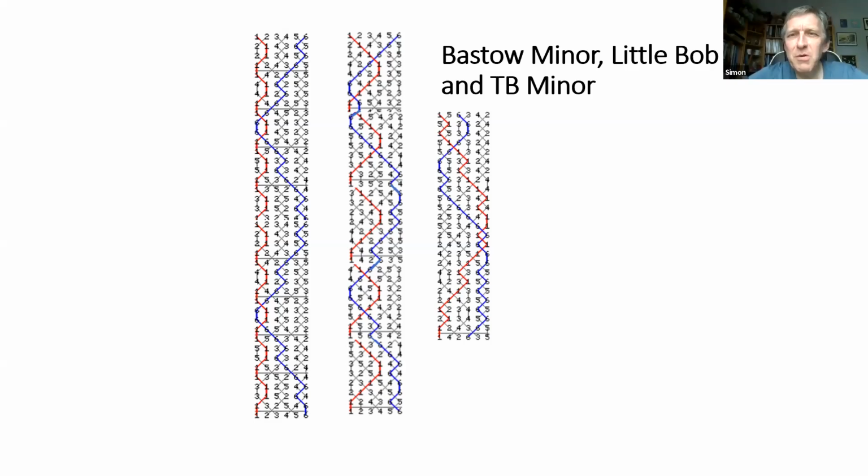Phil, do you think that people are able to hear when the treble is leading, or see it? I don't now remember whether when I was first learning things like Little Bob and Kent, etc., whether I could hear the treble leading or not. Now, of course, I do, and that's how I do it.